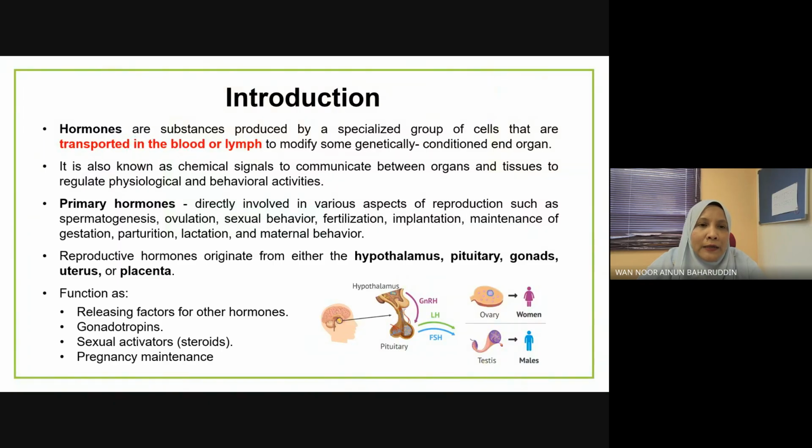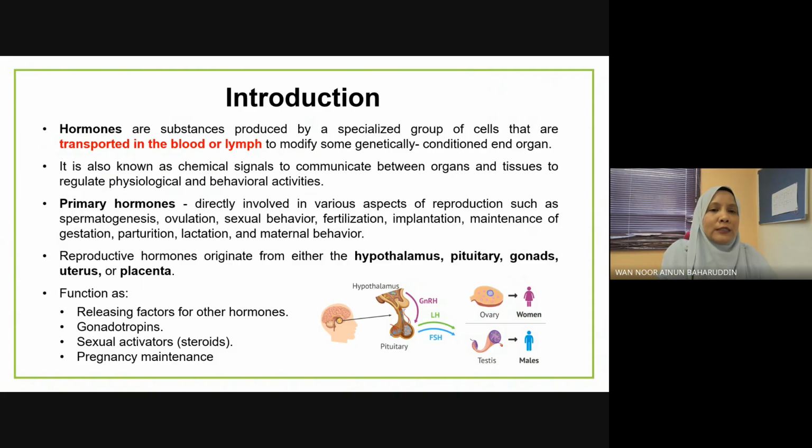Then actually, what are hormones? When we are talking about hormones, they are substances that are specially produced by cells and transported into the blood or lymph, meaning that the hormone itself is lingering around our body.